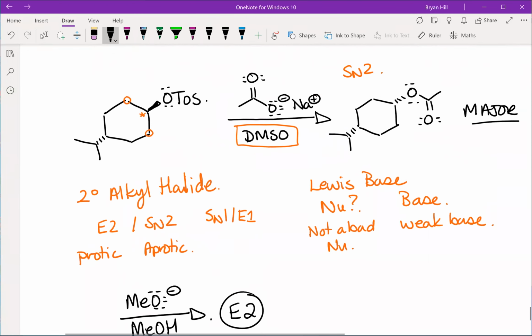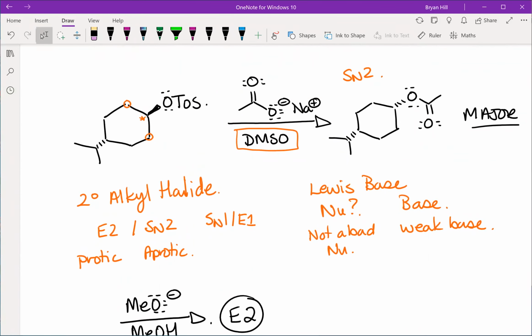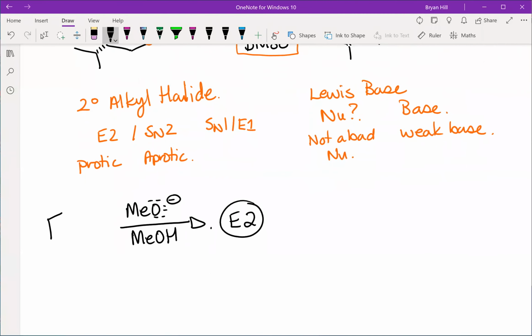So in this case, let's draw this over here. We can grab a proton from these 2 carbons in purple, and it turns out that they would give the same product. There's no difference between the 2 of them.